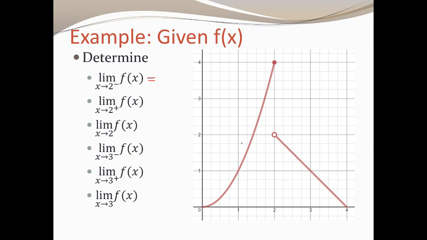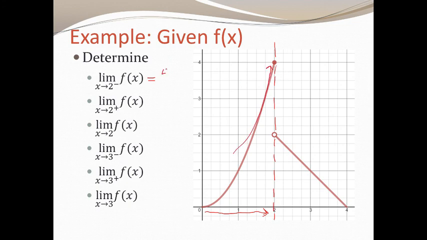So going to 2. Here's 2. I'm going to draw a dotted line here at x equals 2. As x goes to 2 from the left side, so as we're approaching 2 from this side, notice my function is going towards 4.